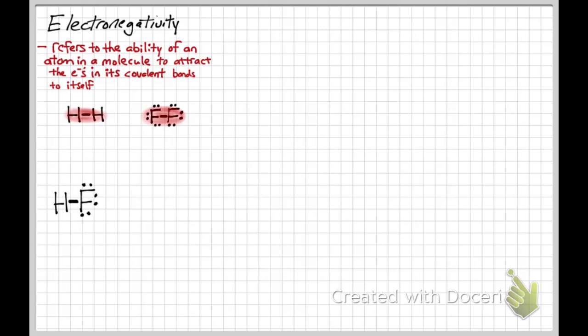However, the electrons in that bond are not evenly distributed between the two atoms. In fact, the electron density is centered more on the fluorine. So the electrons have a higher probability of being closer to the fluorine atom than they do to the hydrogen atom.